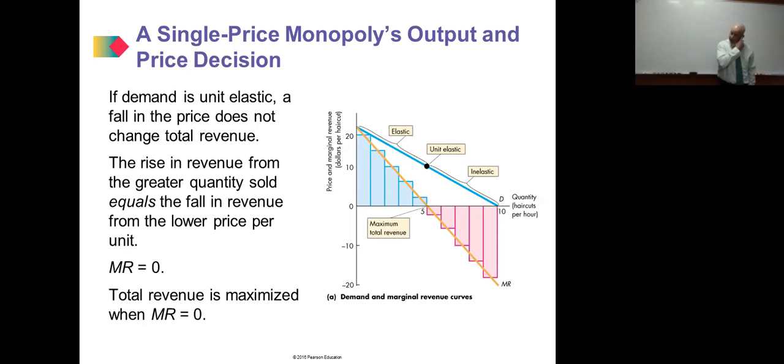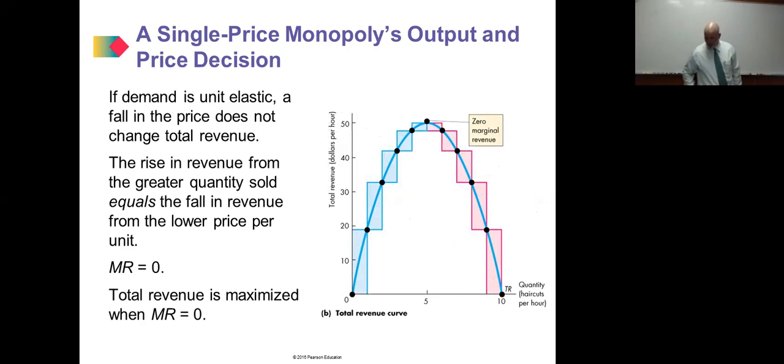And that is when we say total revenue would be maximized. And we gain nothing at that point. Zero marginal revenue.